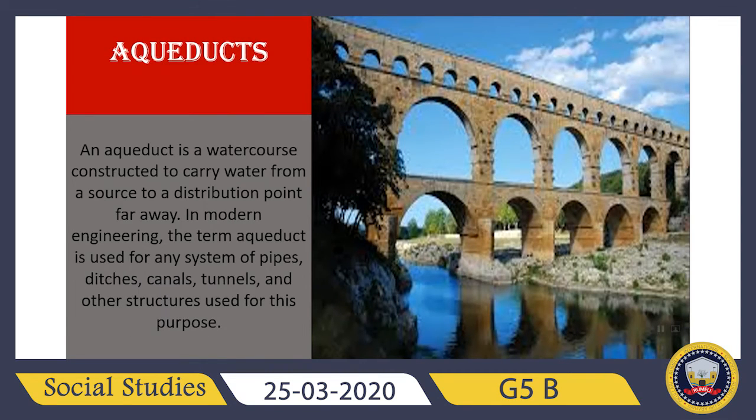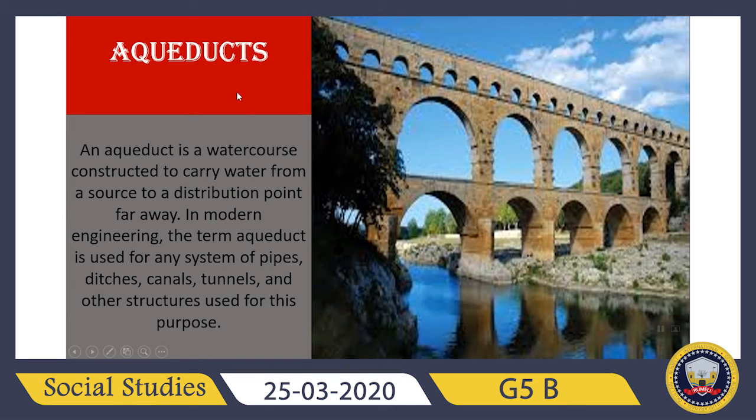Then there is something very special about this civilization: aqueducts. Here I put the definition of what aqueducts actually are. The Assyrian cities also had aqueducts, which were stone channels or pipes that carried water from distant places, and each city was surrounded by walls for protection. Even when technology was not well known, they were so developed that they had aqueducts.